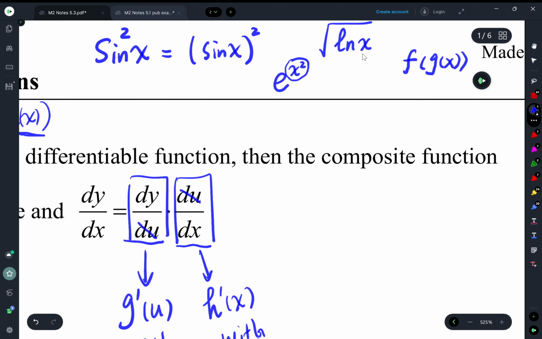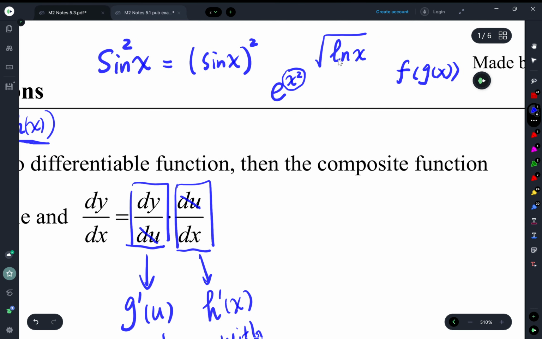Another example here, square root log x. Don't be alarmed. This is just log to the base e. So square root log x. Now, we know square root is a basic function. Log x is also a basic function. But if you put log x inside square root, that's a composite function.